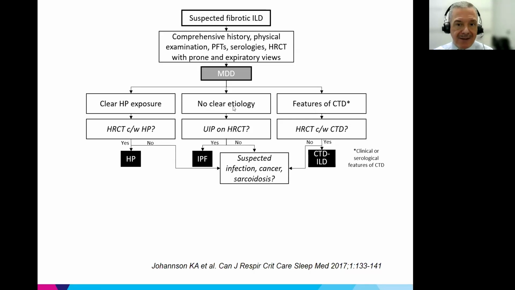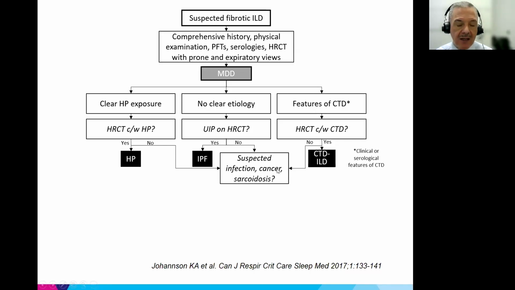But if that's not the case, if you have any of these exposures but the imaging is not quite conclusive, then it depends on whether you suspect that what may be going on could be infection, cancer, or sarcoidosis.